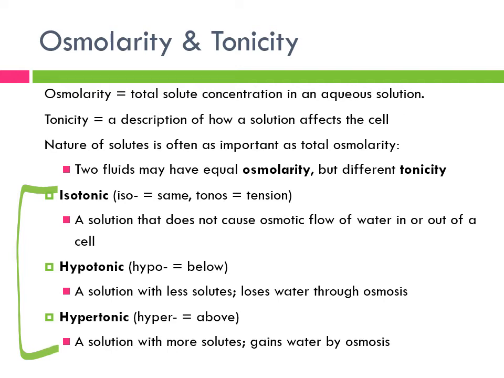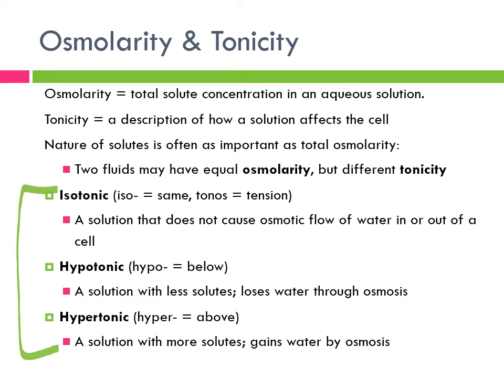Hypotonic means the solution has fewer solutes than the cell, so the solution is going to lose water and the water is going to go into the cell to try to dilute the cell.